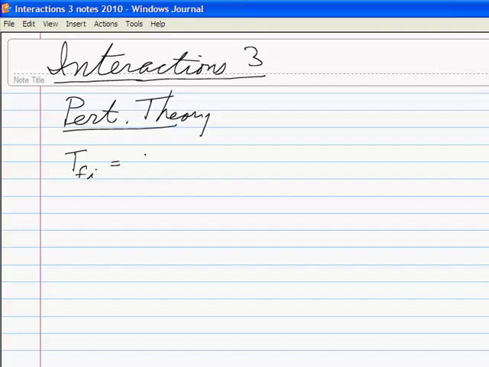So you start from an initial state, you let this thing develop in time using this time development operator, and we let it start in the distant past in some initial state, move it to the future, and look at its amplitude to be in some other state in the future, some final state.